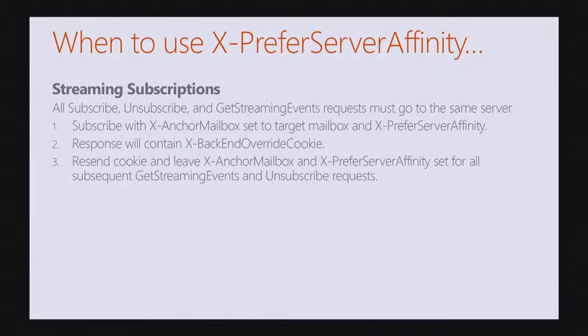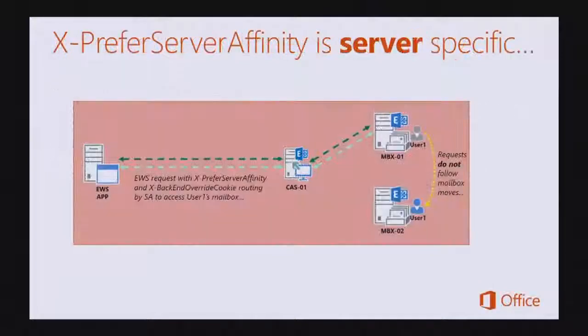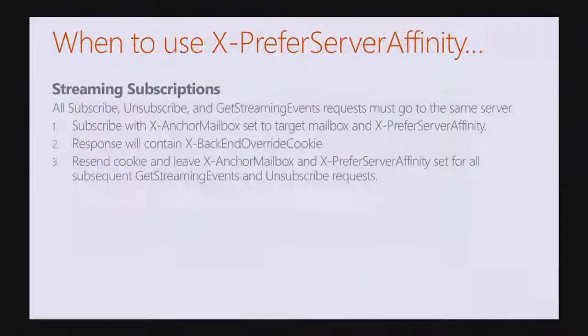So in this previous slide, if user 1 moves, mailbox server 1 is the server that has the subscription table that knows about the subscriptions I'm creating. We want to make sure we get back there. So I'll go into this visually here and compare it to where we were with Wave 14.